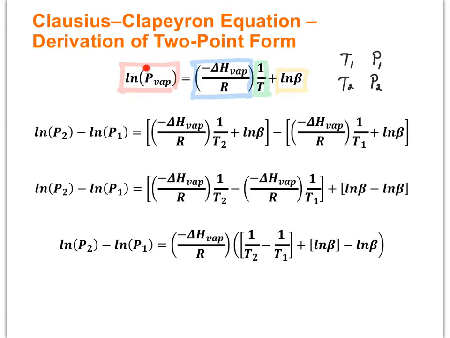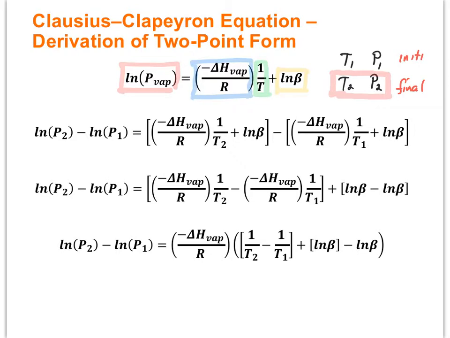And what I didn't show is if you're going to write them side by side, and then you're going to subtract the 2 equations from each other. So what I'm showing you is the result of that subtraction. On the left side, if we take the second case as our final, we always subtract initial from final.